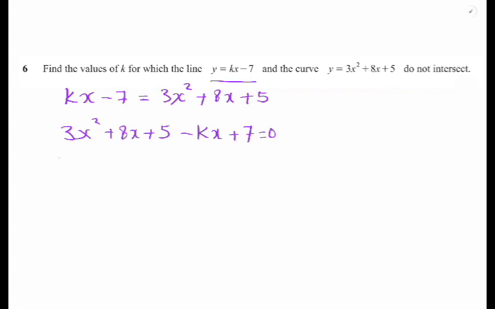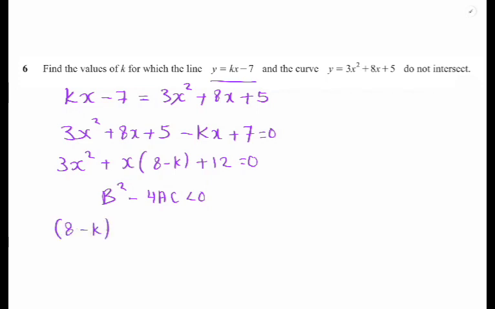So here 3x squared plus x, 8 minus k, plus 12 equals to 0. Since they do not intersect, that means b squared minus 4ac is smaller than 0. So here b squared is 8 minus k, the whole thing squared, minus 4, a is 3, c is 12, smaller than 0.